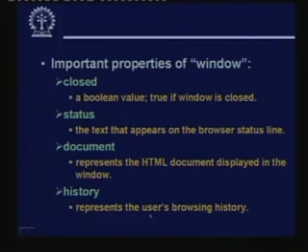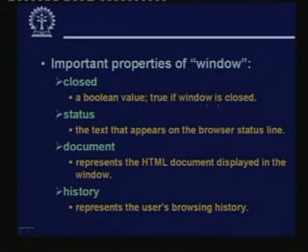First, let us look at some of the important properties of the window object. Now, when you are using a window object, you can use any of these properties in any suitable way you want. Closed is a property, a boolean value which indicates if a window is presently open or closed.